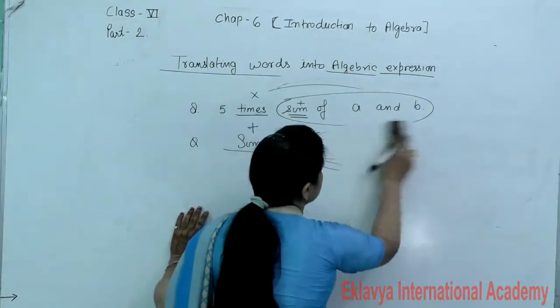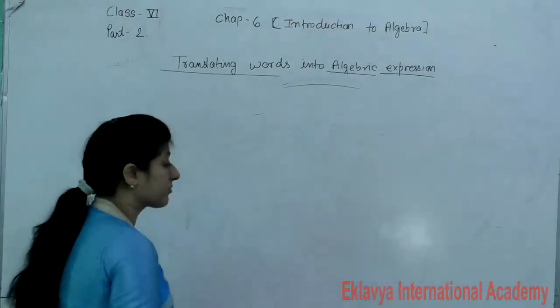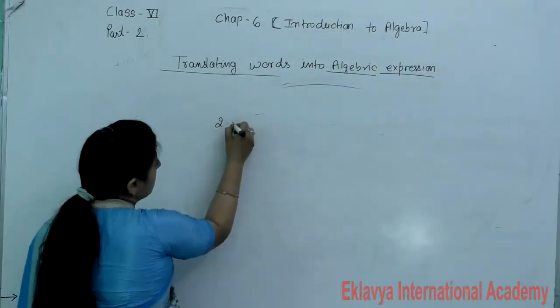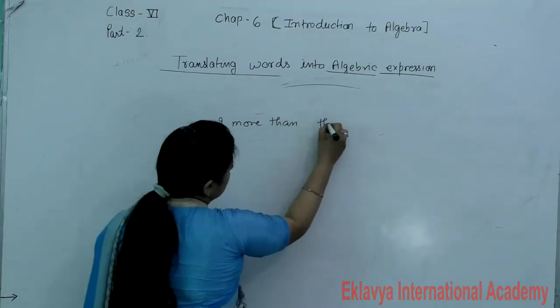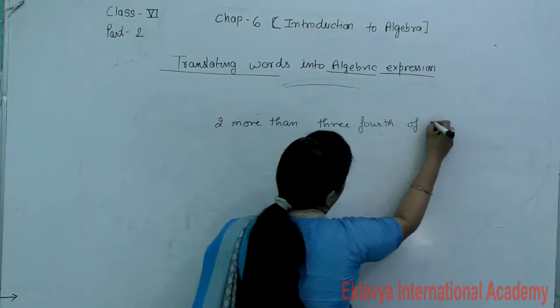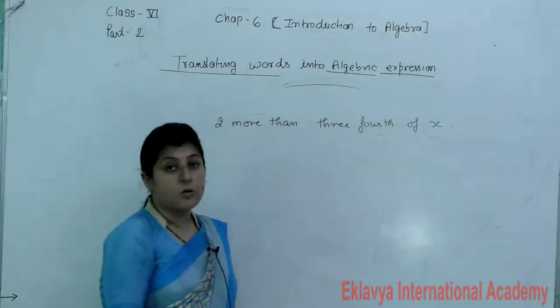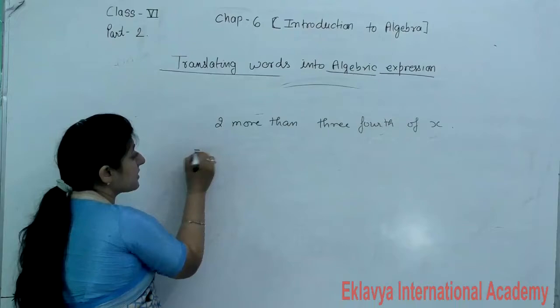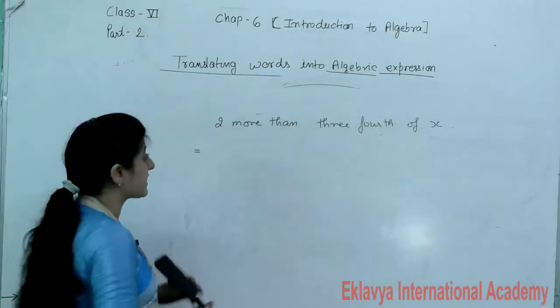Another thing: two more than 3/4 of x. How to represent this in a statement? 2 more than 3/4 of x.